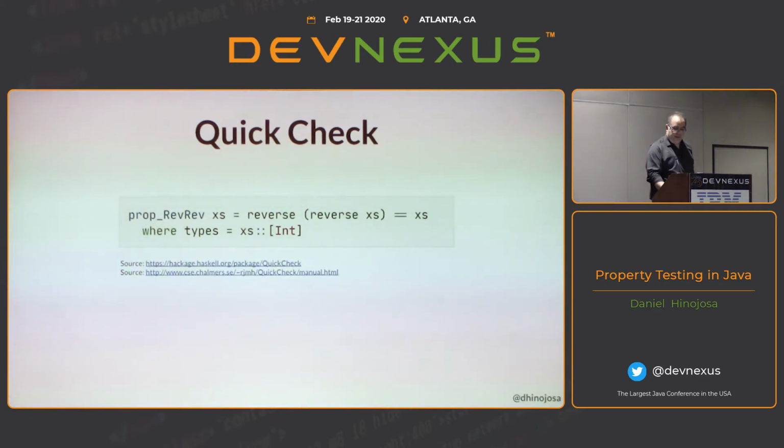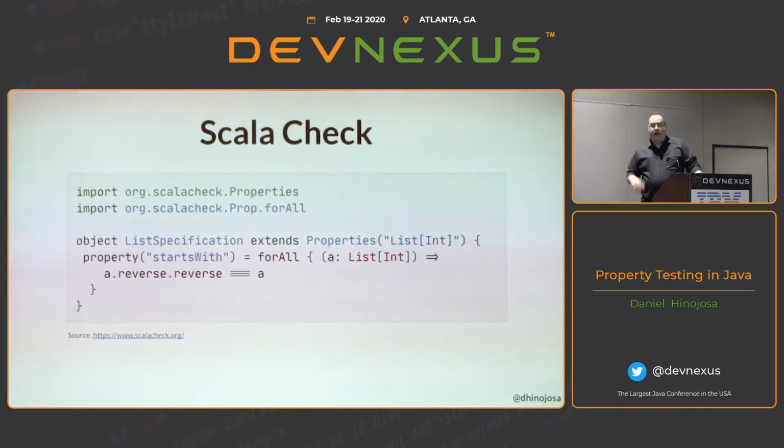I left some links over here. Then ScalaCheck, and this is where I first learned about property-based testing. So here's a property-based test for Scala. This one uses something called an object and extends Properties, where that text in there is essentially a description of what my test is. And then I have this property, and the forAll here, and you're going to see this forAll when I talk about Java.